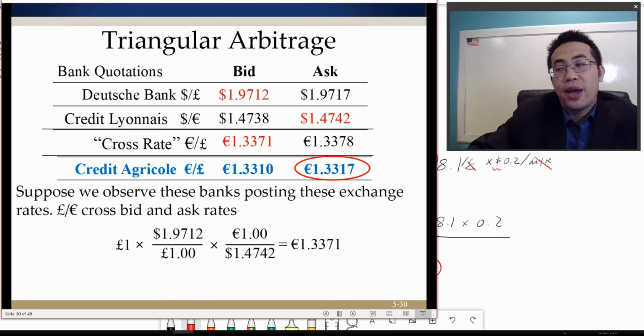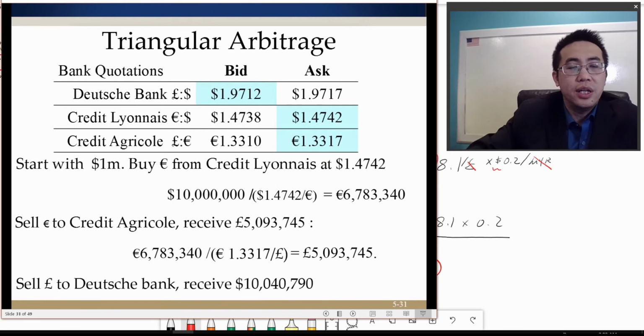And then after you get the pounds, you will sell them for US dollars. Okay, so here is your process. You're going to buy euros first. When you buy, you pay the ask price, $10 million to get the amount of euros, and then you use the euros, take advantage of this undervalued quoted cross rate, and then you get the amount of pounds.